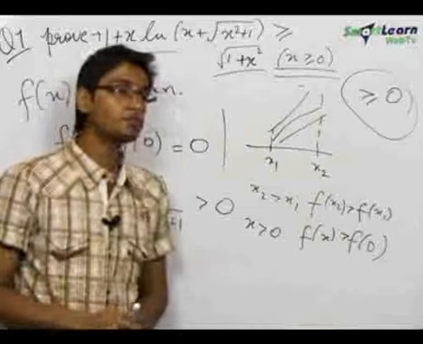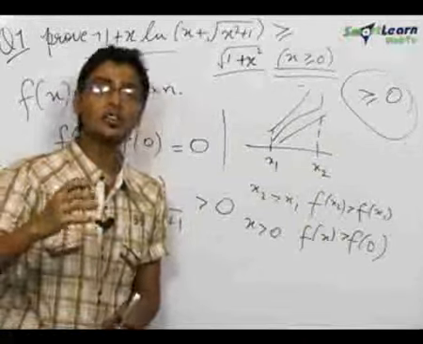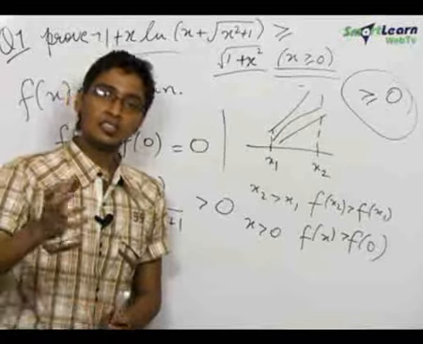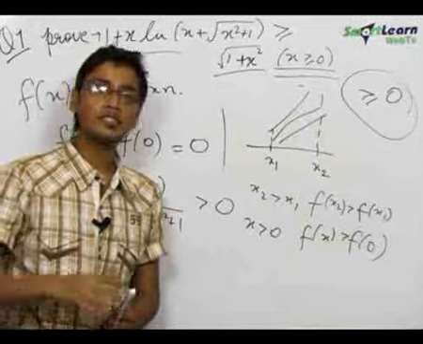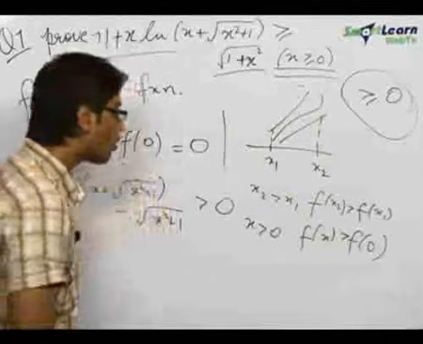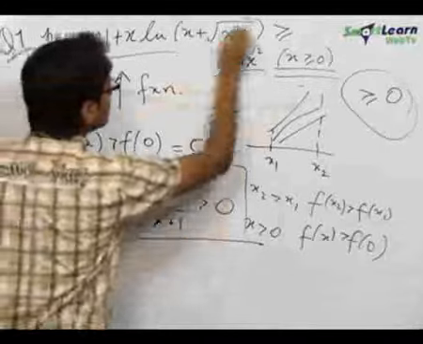We found out f dash x for the function, we proved it greater than 0, then we concluded that f of x is an increasing function, hence it should be greater than f of 0, which is equal to 0, and from this we concluded that this inequality is greater than 0, hence we proved this inequality.